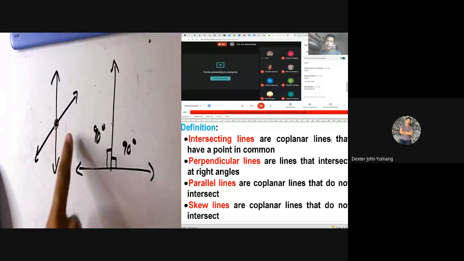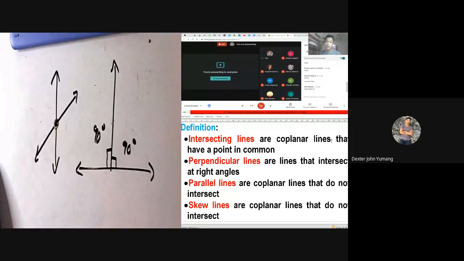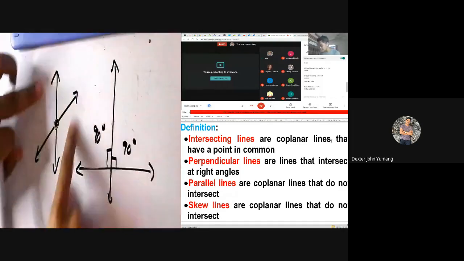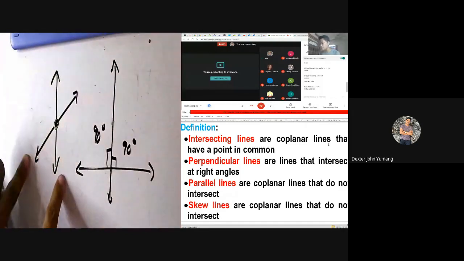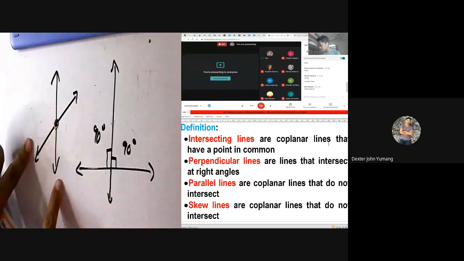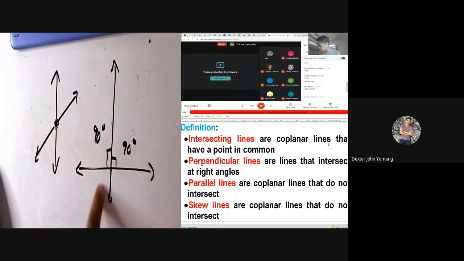What if nag-intersect siya pero naka-create siya ng 90 degrees na angle or apat na right angles tulad nito. So therefore, ang tawag sa kanya perpendicular lines. Intersecting lines kapag nag-cross. Pero kapag ang nag-cross yung dalawang lines na naka-create ng 90 degrees or right angles, ang tawag na sa kanya perpendicular lines. Like this. Next, parallel lines.